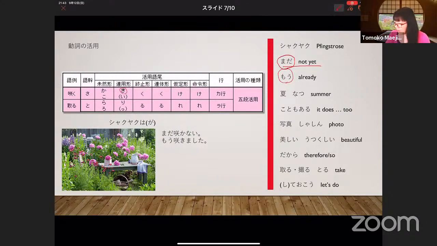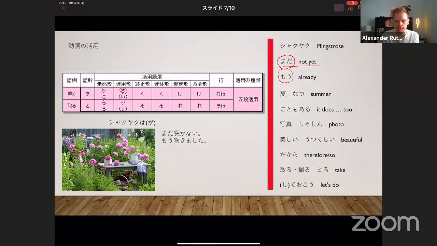Terminal form. Saku. So 芍薬 blooms in summer.